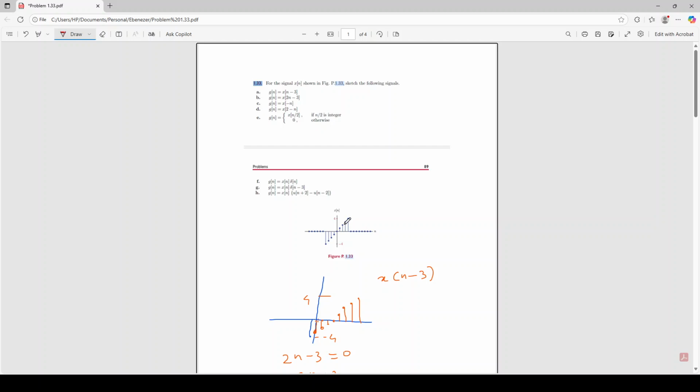So we just have to take the value at 3. Here it will have only one value at 3, and whatever x[n] is at that time is there.